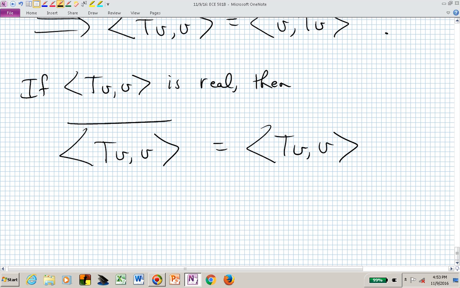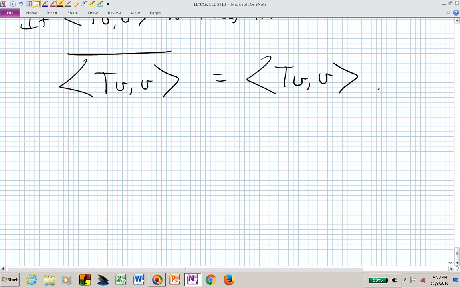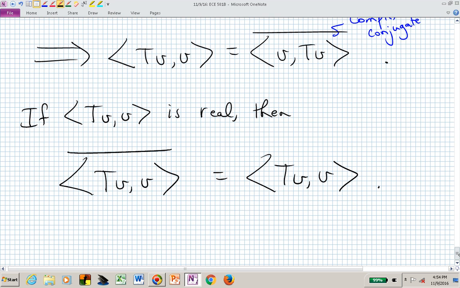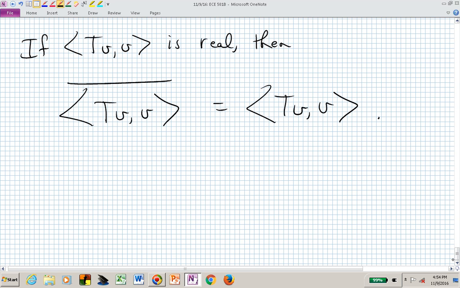So the scalar doesn't change when we take the complex conjugate of a real number. The complex conjugate of 4 is 4. So that's a true statement. So if <TV, V> is real, then the complex conjugate of <TV, V> is equal to <TV, V>. So we have one result.